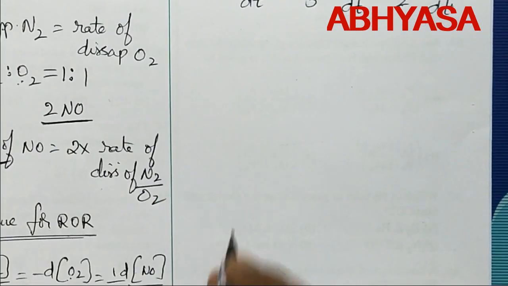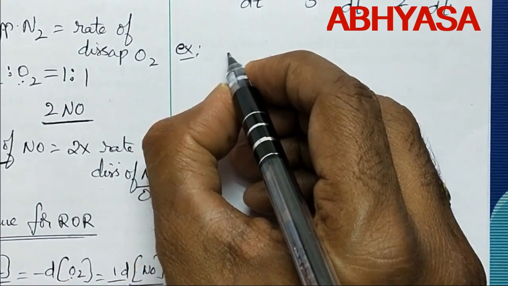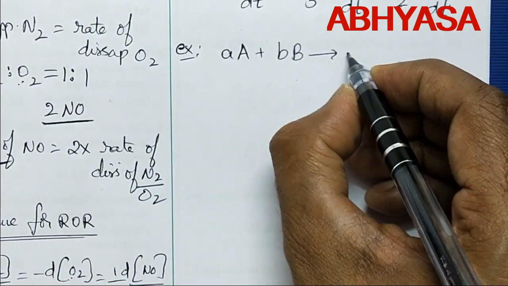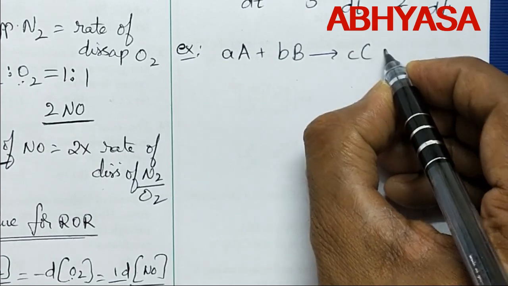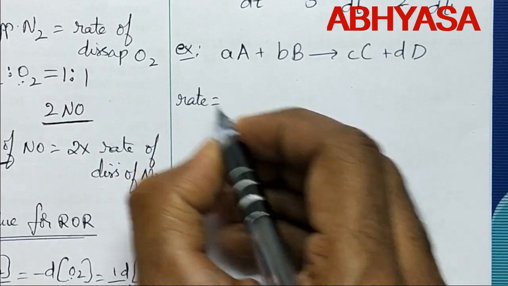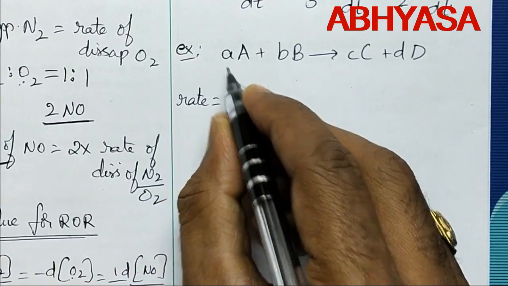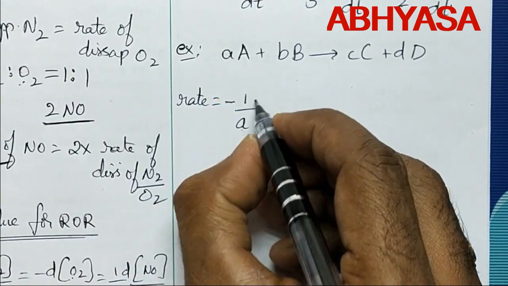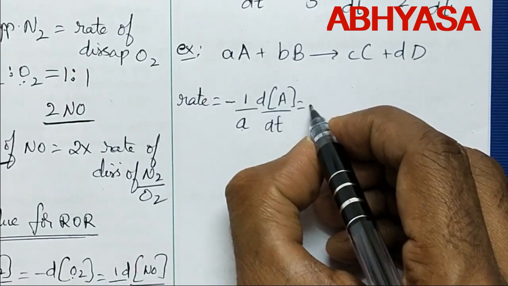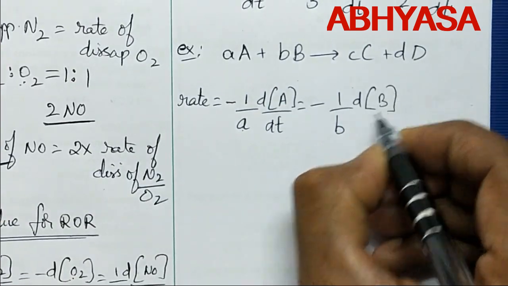Now let me write the last example, which is a general reaction, like a moles of A, b moles of B combine to form c moles of C and d moles of D. So how will you write rate? Rate is equal to minus 1 upon small a, because this small a indicates the number of moles of A, multiplied by dA by dt, which is equal to minus 1 by small b dB by dt.